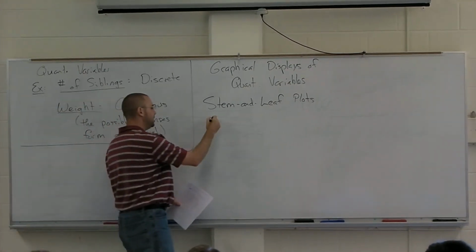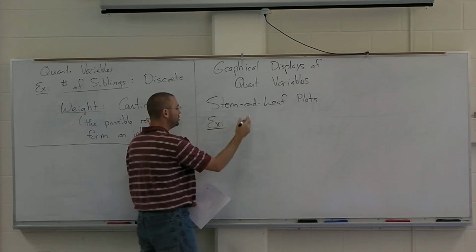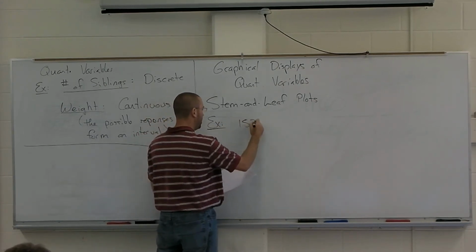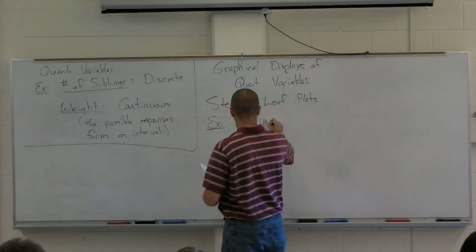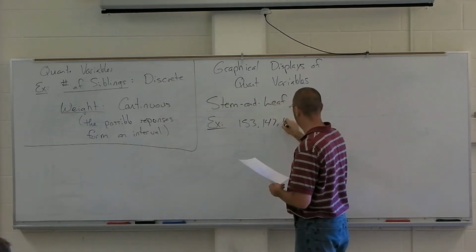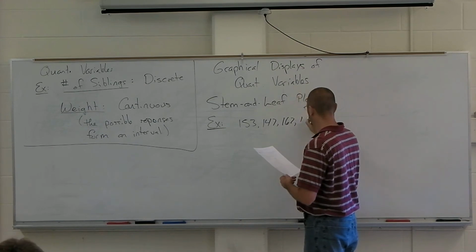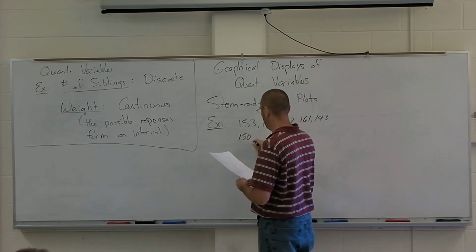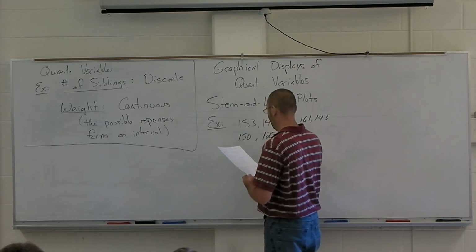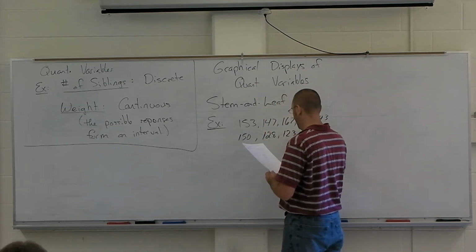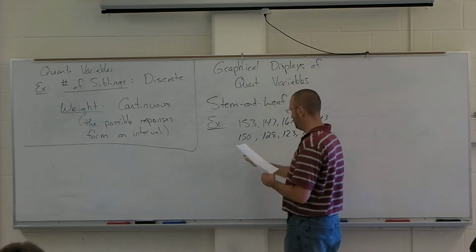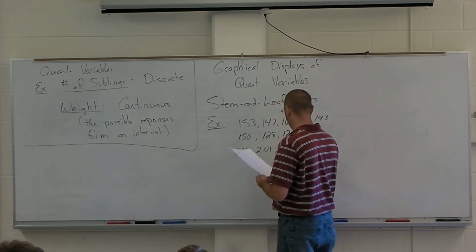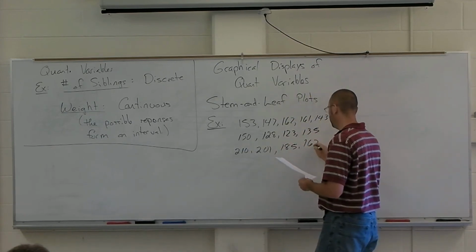Right? As an example, let's suppose that I collected the following weights of people in class: 153 pounds, 147 pounds, 162, 161, 143, 150, 128, 123, 135, 210, 201, 185, and then 162.